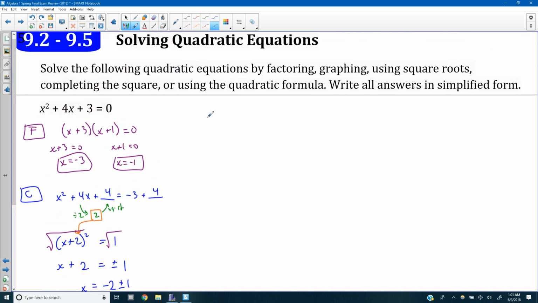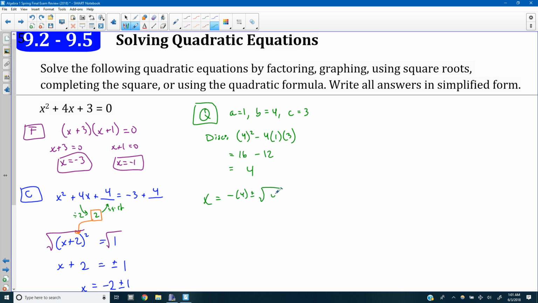Then there's the quadratic formula. This is in standard form, so a is 1, b is 4, and c is 3. And in the quadratic formula, I like to try and evaluate the discriminant first by doing b squared minus 4ac. b squared minus 4ac is going to give us 16 minus 12, which is 4. Inside the quadratic formula, x equals negative b plus or minus the square root of b squared minus 4ac, all over 2a.